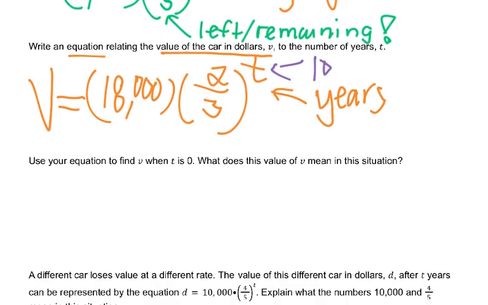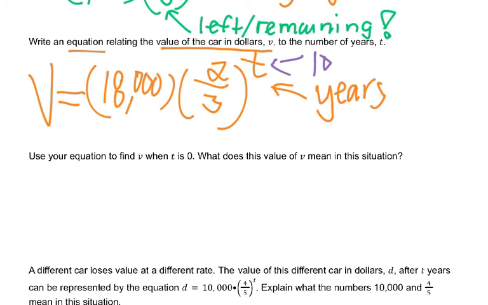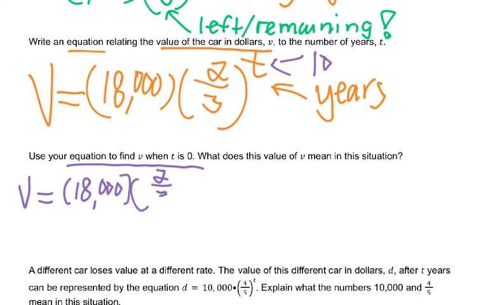But now it's asking us, let's find the value when t is 0. So I want to know what V is if I go 18,000 times 2/3 raised to the 0 power. So I'm hoping you remember, anything raised to the 0 power, anything at all, is 1.